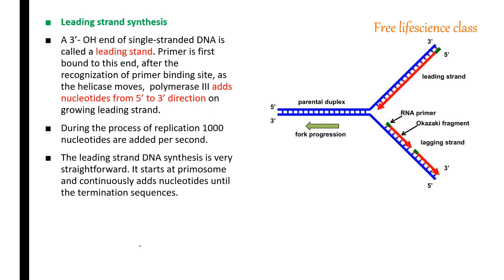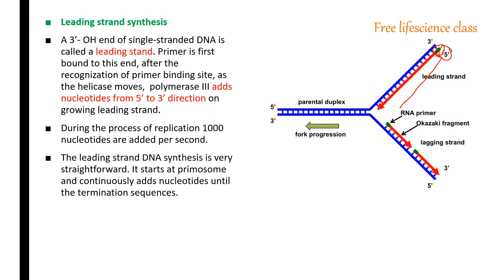Okay. Next, about leading strand synthesis. We can discuss how this leading strand synthesis takes place. This DNA polymerase has the activity of adding nucleotides at the 3' position. So, our new strand will be synthesized in the 5' to 3' direction, and the nucleotides will be added to the 3' position, that is the 3' OH end. The primer, this green color, is firstly added to the DNA.